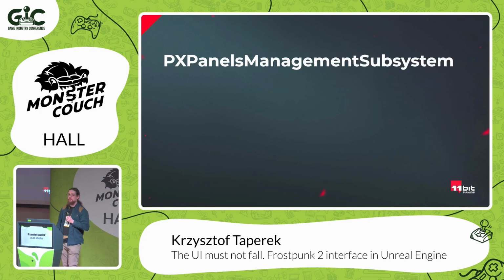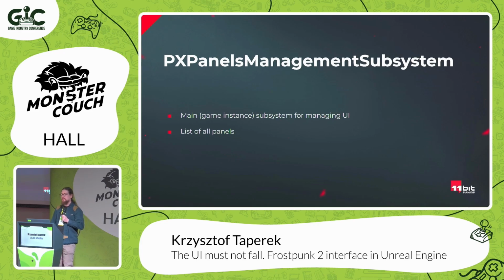Okay, so how exactly do we approach managing that? We have basically one subsystem for the whole UI management. Sounds like a god-like object, but it's not really that bad. It's the panels management subsystem. It manages panels. It's a game instance subsystem, so it lives as long as the exe of the game, not world bound. And it contains a list of all panels.